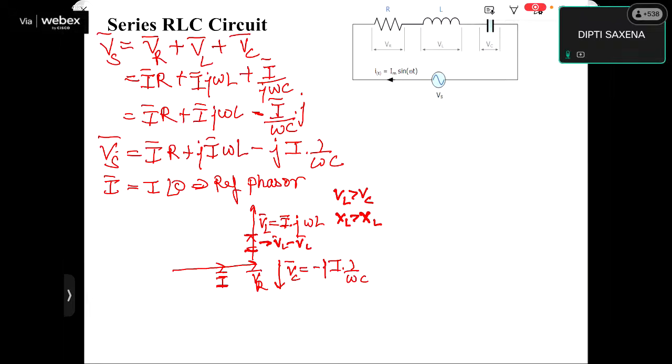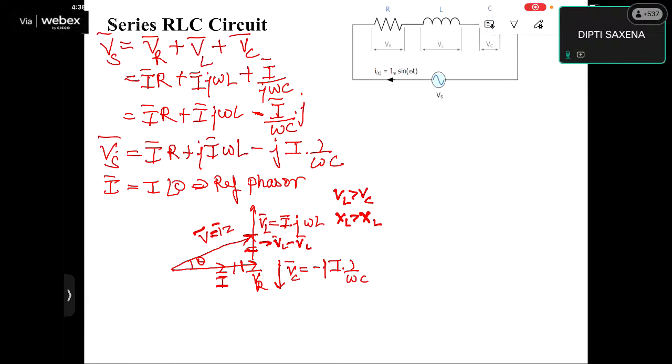So this vector plus this vector will give you the applied voltage V, which will be equal to I into Z, right? And this is the angle theta.